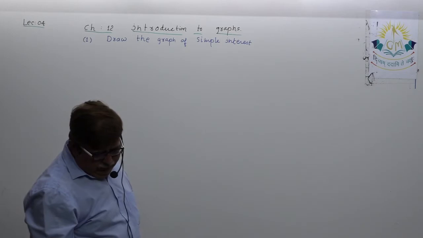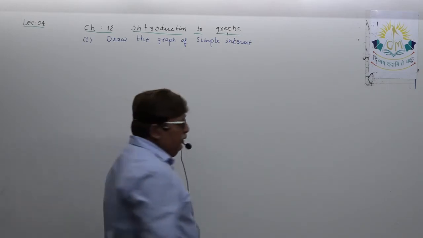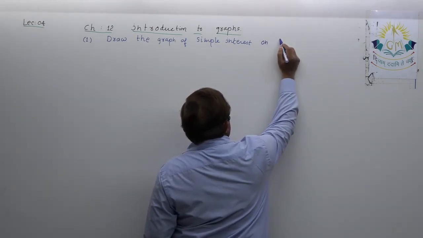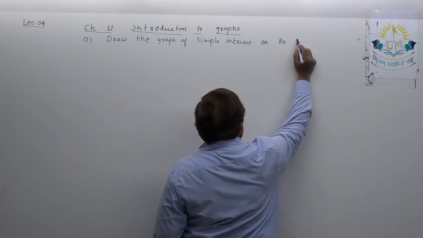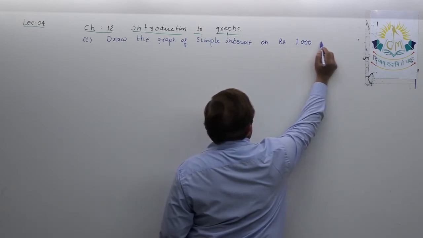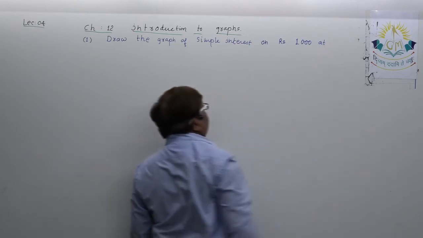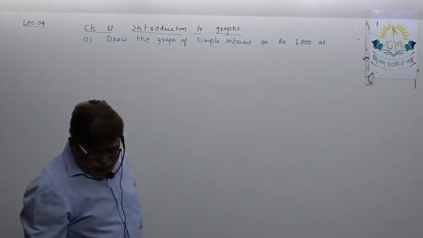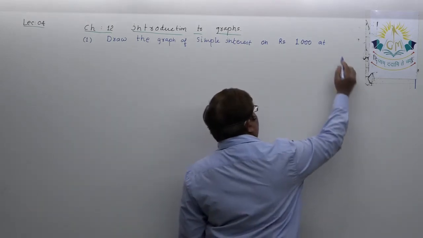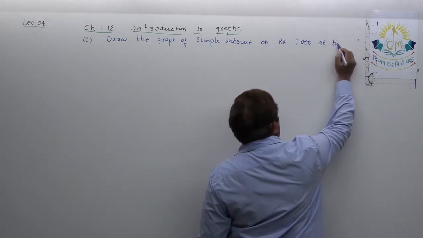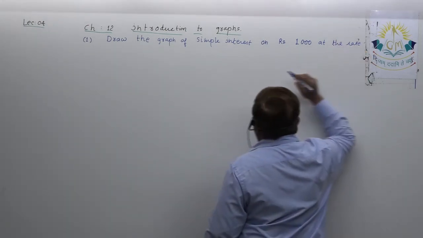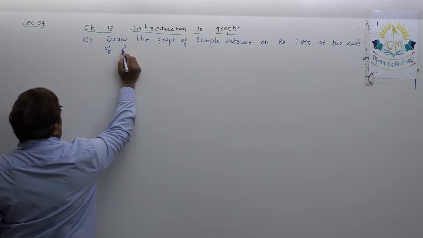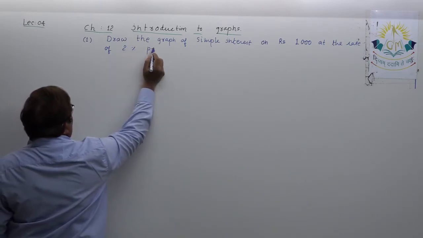Draw the graph of simple interest on rupees 1000 at the rate of 2% per annum.